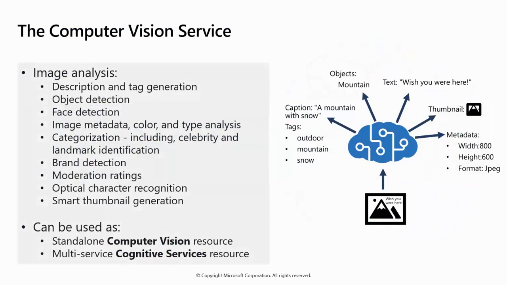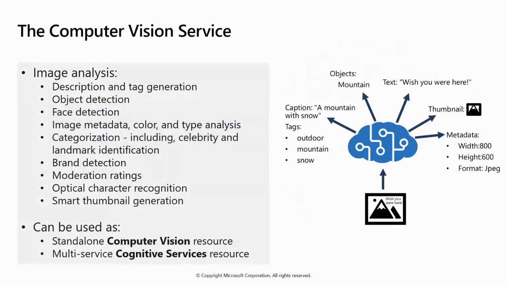Face detection is the process of figuring out if there are faces in an image, where they are, and what they look like. The image metadata, color, and type analysis is the process of figuring out an image's format and size, its main colors, and whether or not it has clip art.